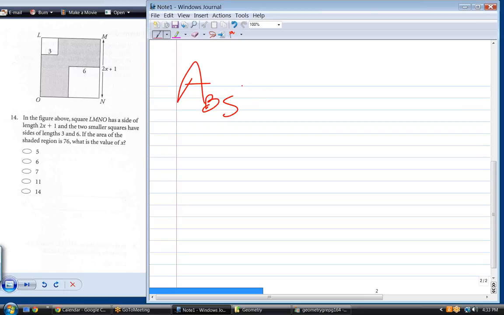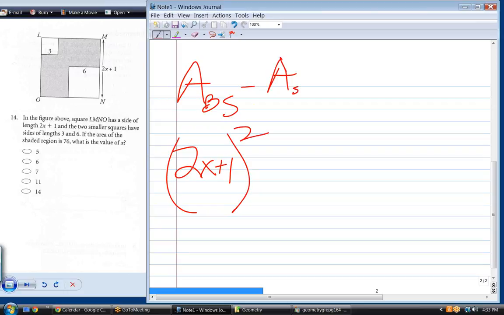Oh, sorry. 2x plus 1 squared. All right. So we've got the area of the big square, which is 2x plus 1 squared, minus the area of the smaller square and minus the area of the medium square.